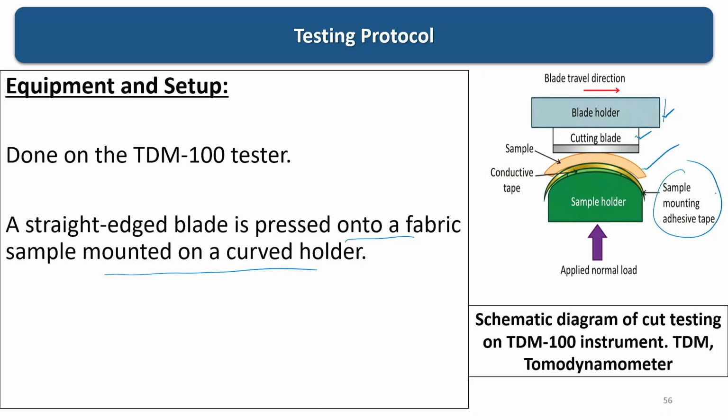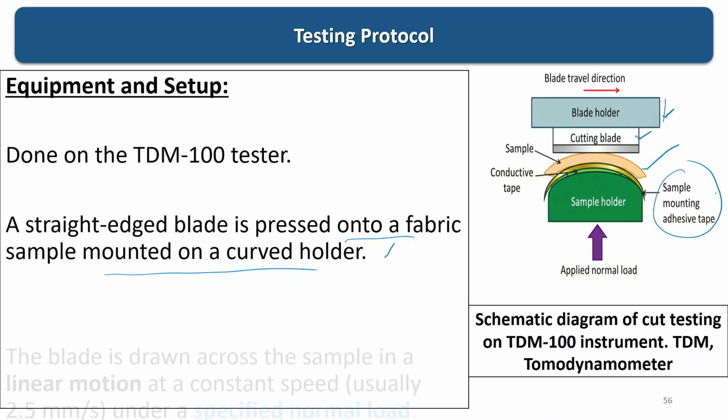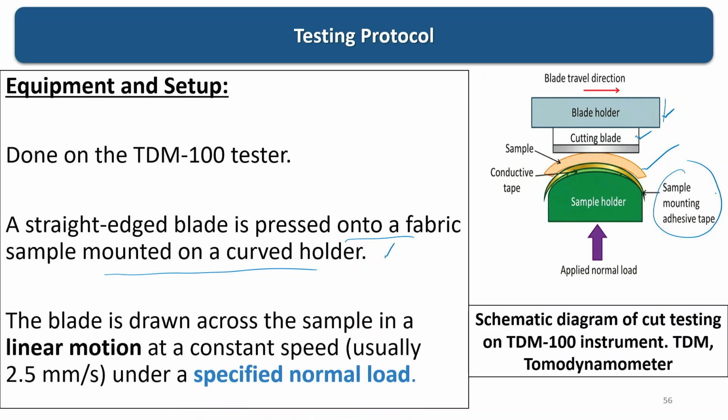This load is changed, and the blade is drawn across the sample in a linear motion, at a constant speed.